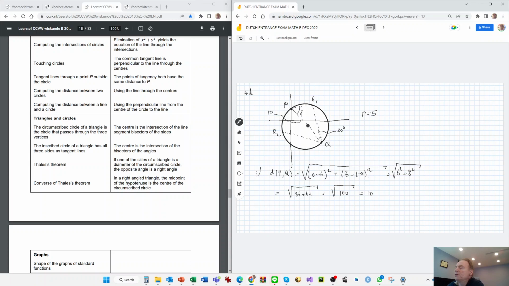And they say that the center is the intersection of the line segment bisectors of the sides. But I don't think that's useful here.